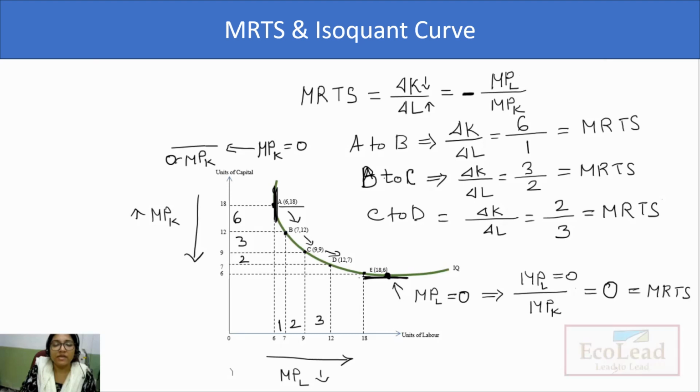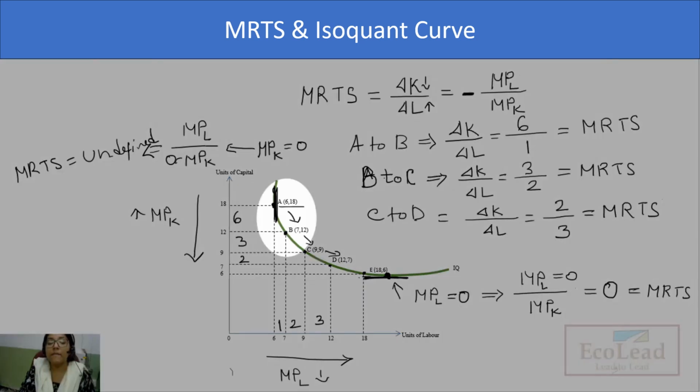So if MPK is 0, whatever the value in the numerator doesn't matter. It will be undefined, because if we have 0 in the denominator, the value will be undefined. So here MRTS will be undefined. MRTS being undefined means, what will be the nature of the straight line?